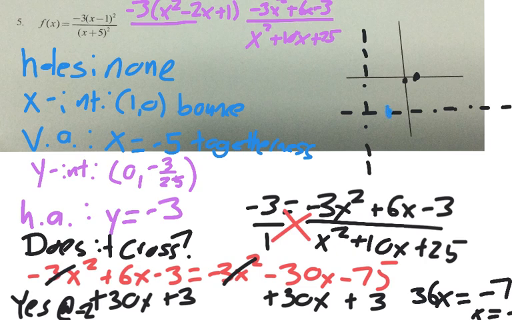So somewhere right here it has to cross. So again, we can kind of see what the graph's going to look like.